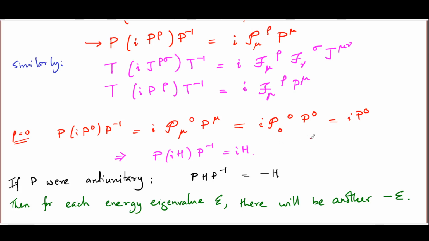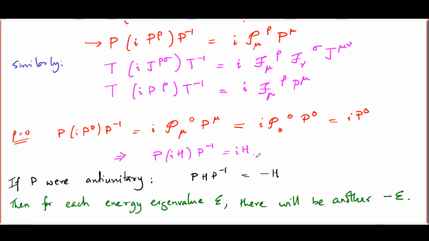So this sum essentially becomes just one term, I curly P 0 0 times P 0. And since curly P 0 0 is 1, this is just I P 0. Now the reason why I have focused on rho equal to 0, of course, is the fact that capital P0 is none other than the Hamiltonian capital H. So this translates to the following: capital P times IH times capital P inverse is equal to IH.